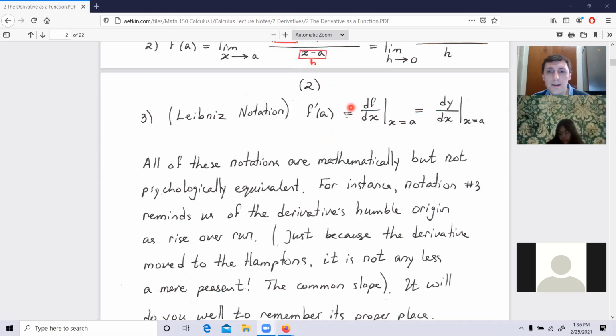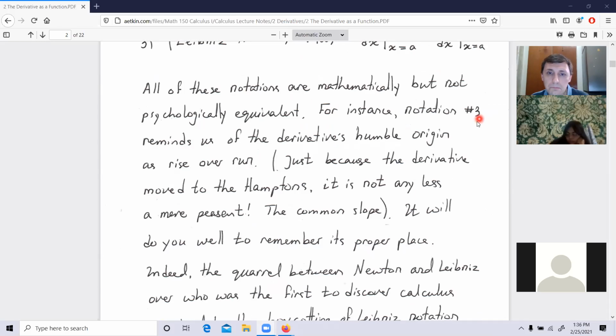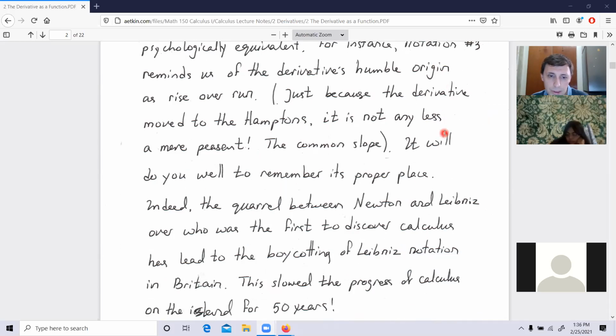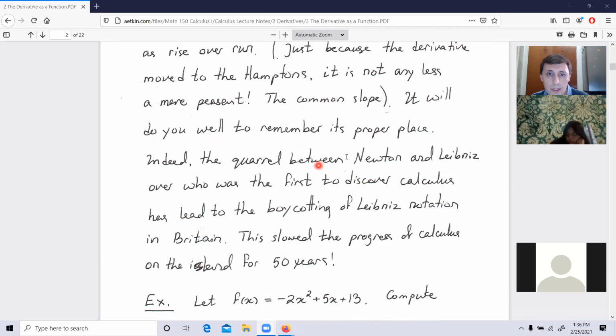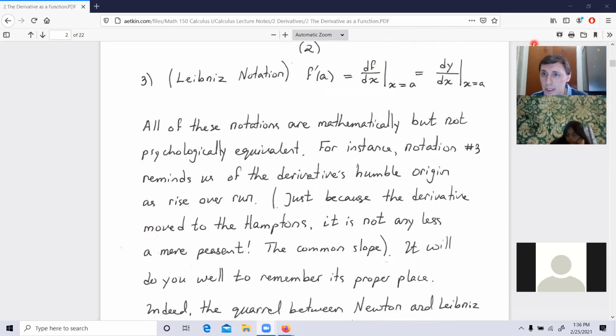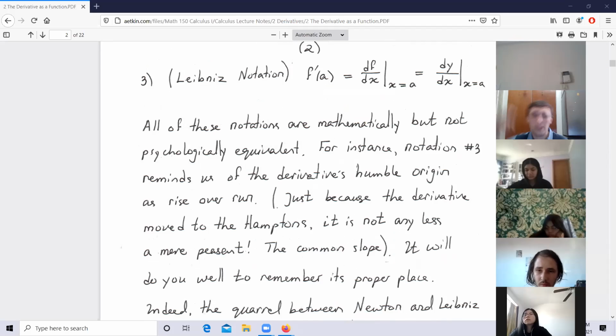Good? So we can write in Leibniz notation, we can write it as df/dx at x equal to a, or simply dy/dx at x equal to a. And guys, Leibniz notation is such a great idea, because Leibniz notation encourages a very simple thinking about what the derivative is and its simple origins.